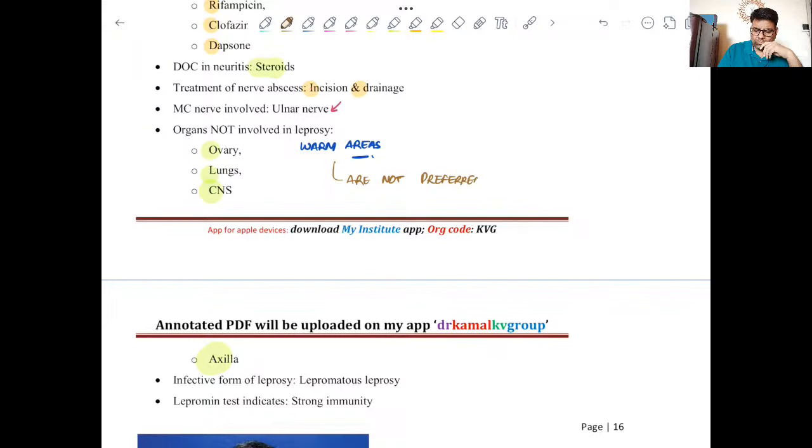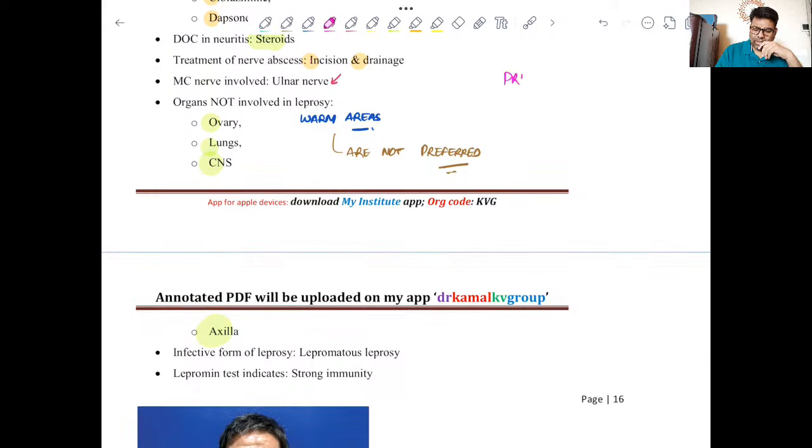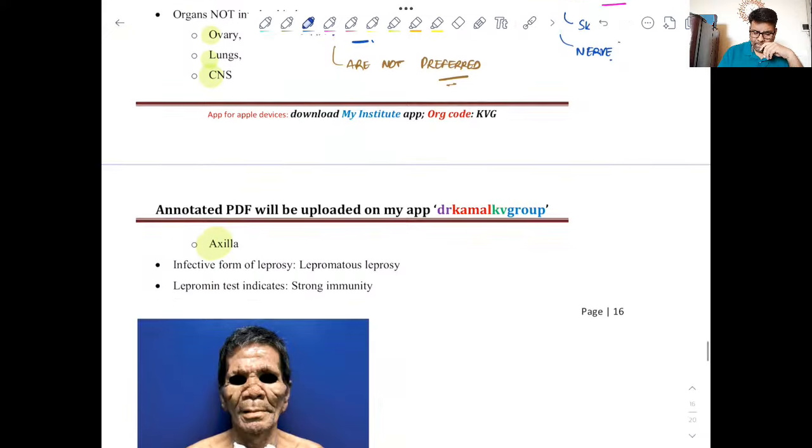It prefers cooler areas like skin and nerve, right? So that's why we see the majority of the discussion in terms of skin and nerve, right?